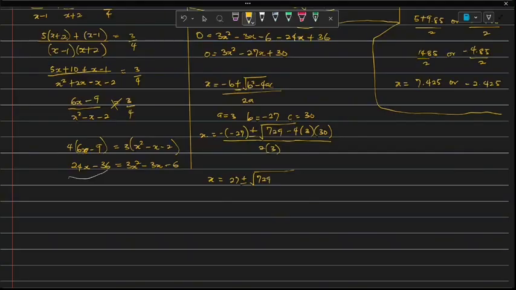Minus 4, so we are going to be having minus, my bad, my calculator is loading. So I'm going to be having minus 4 times 3 times 30, and we have minus 360 as the final answer.